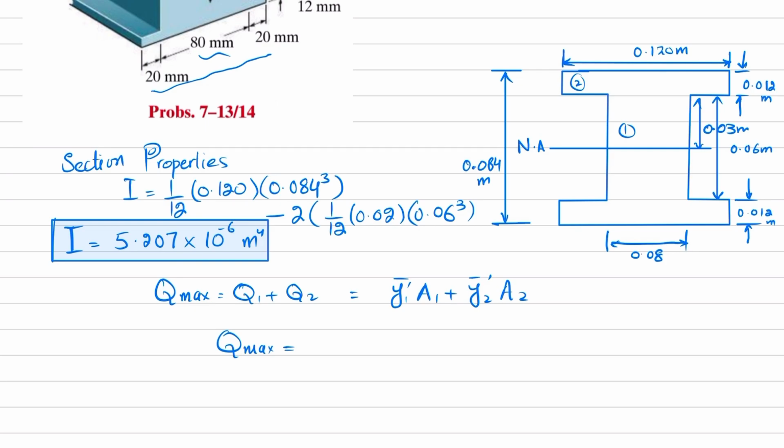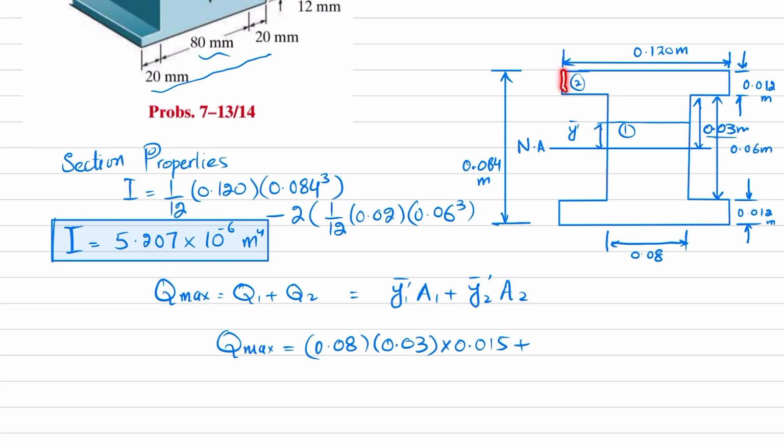So the area of this portion is 0.08 multiplied by 0.03, its height. And what will be its y1 dash? This is 0.03, so its half will be y1 dash. This y1 dash will be equal to 0.03 divided by 2, and that is 0.015 meter.